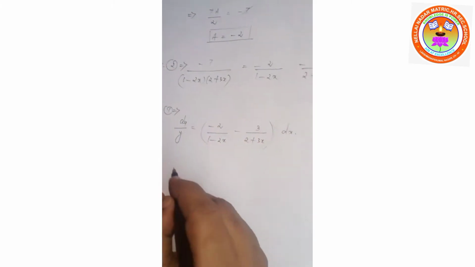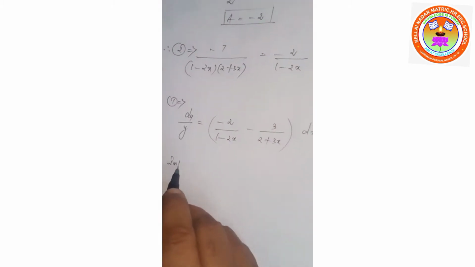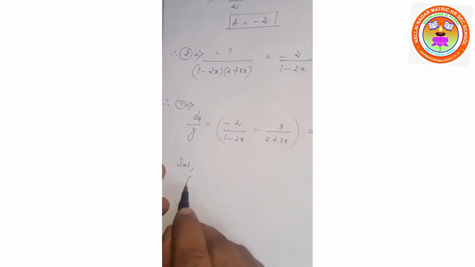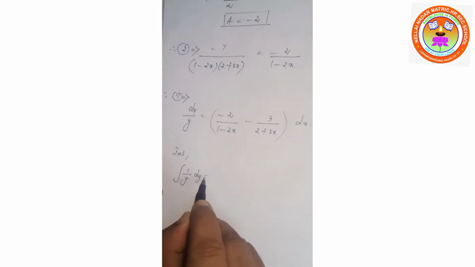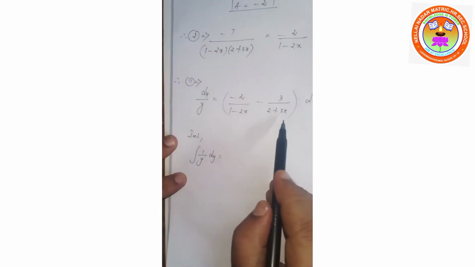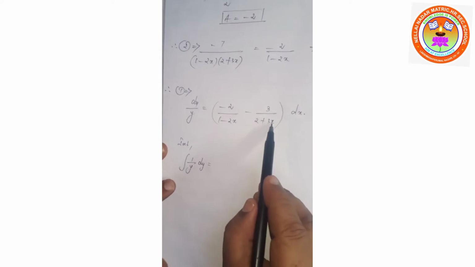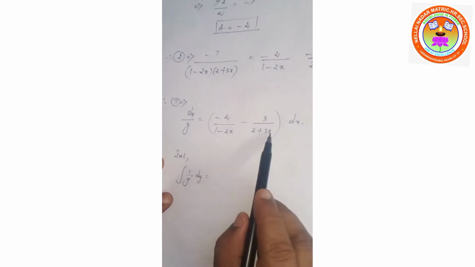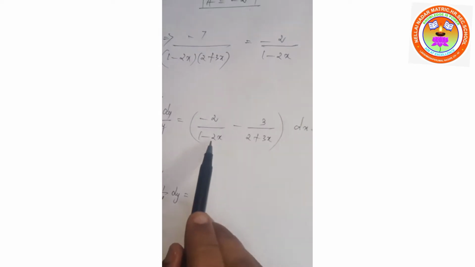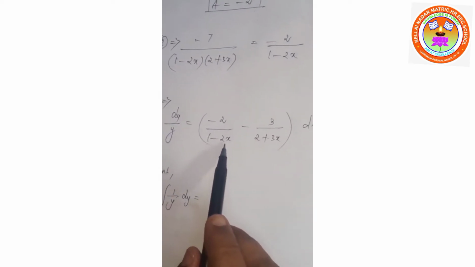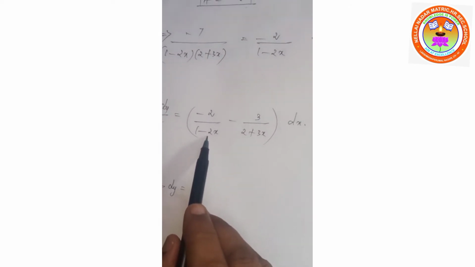Now we can integrate, integrating on both sides. So integral dy by y can be written as 1 by y into dy. Here we have x, here also x term. The coefficient of x here is 3, positive, and here x is negative. You can change negative into positive. What to do for that?